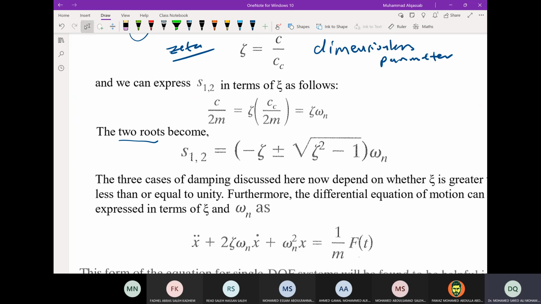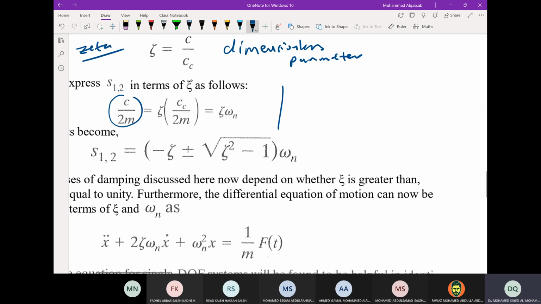We have in the roots C over 2m. So you can multiply C over 2m by Cc and divide by Cc. And C over Cc is zeta, and this Cc is equal to 2m omega n.